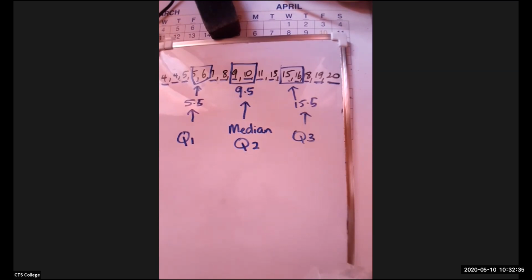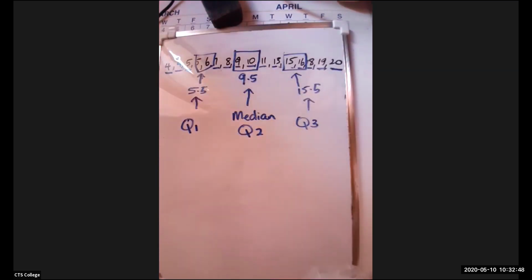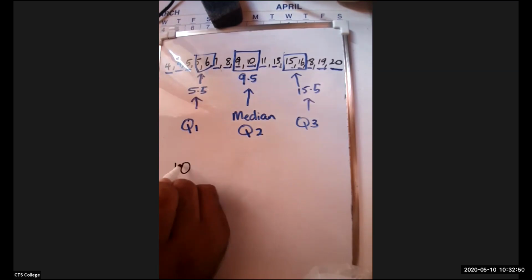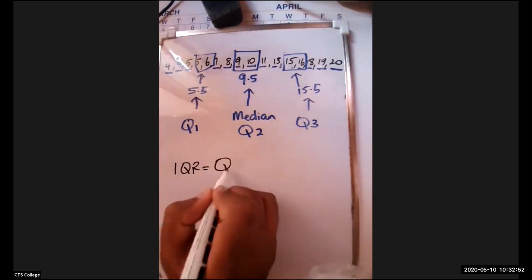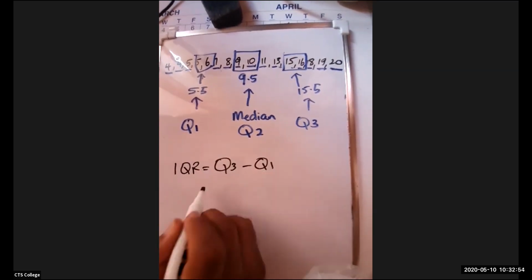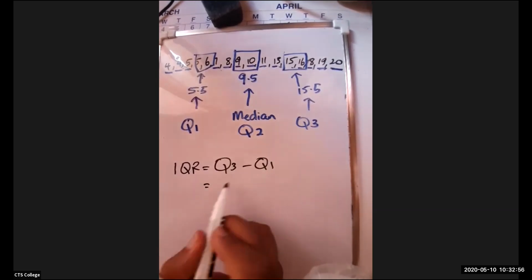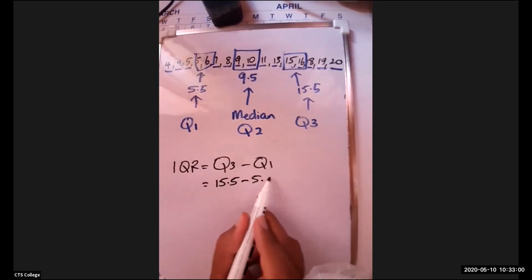Now they're asking us to find the interquartile range. How do you find the interquartile range? Remember, the interquartile range, IQR, is Q3 minus Q1. So Q3 is 15.5, take away Q1, which is 5.5.